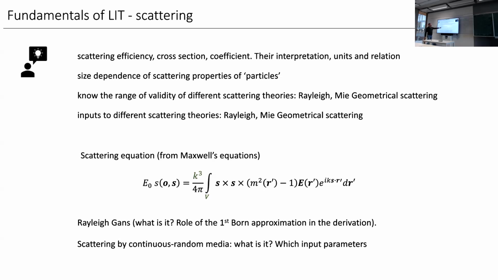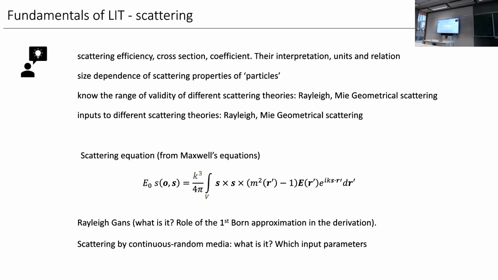Okay, this general formula could be worked out a little bit if we consider scattering by continuous random media. Then m became the spatial distribution of refractive index, and because we assume that it's random, we have to take ensemble averages.